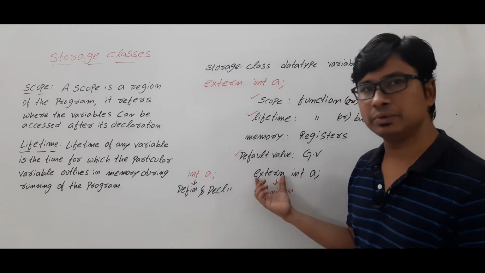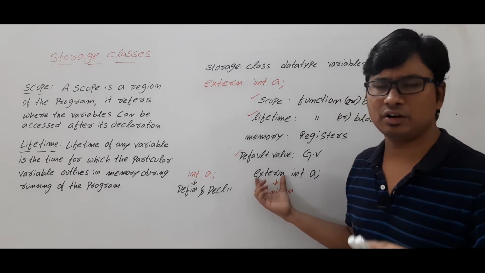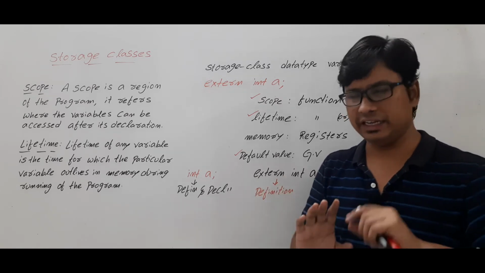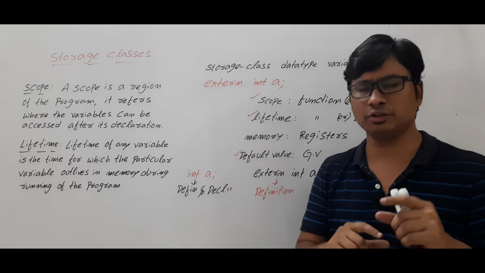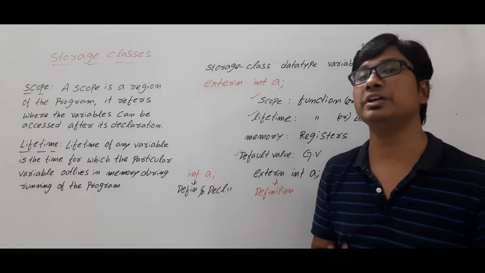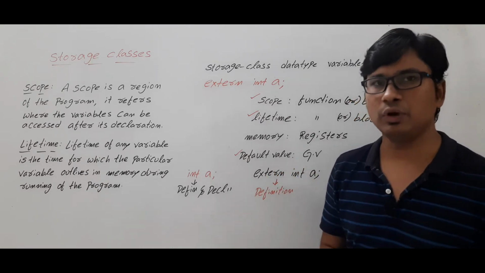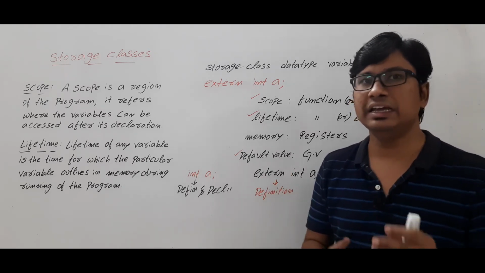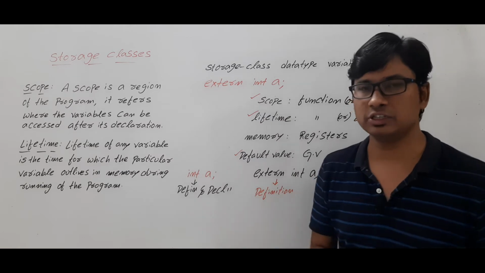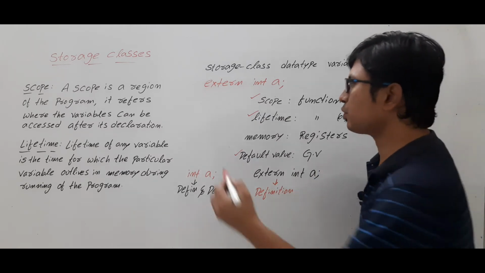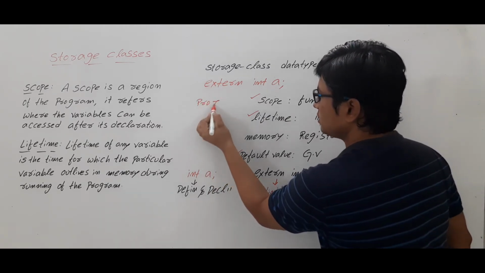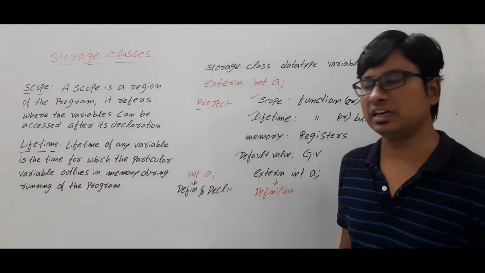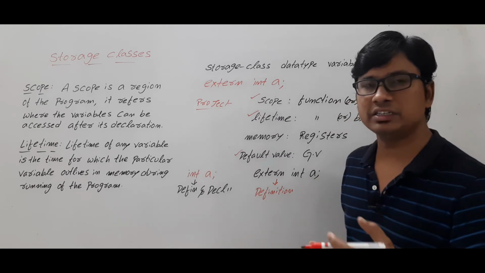Lot of students or lot of people will say that external variables are global variables. No, I agree they are somewhat related to global variables, but they are not completely global variables. What I want to say is that if you want to access some variable in different files of your project, suppose you are writing a project related to faculties in some organization.